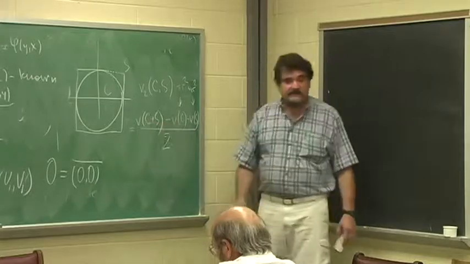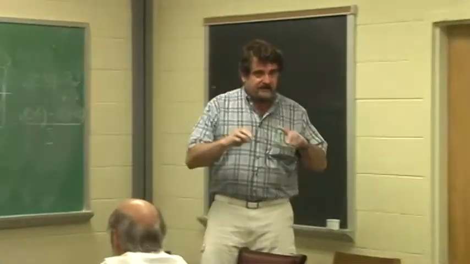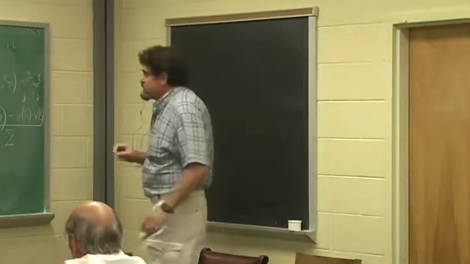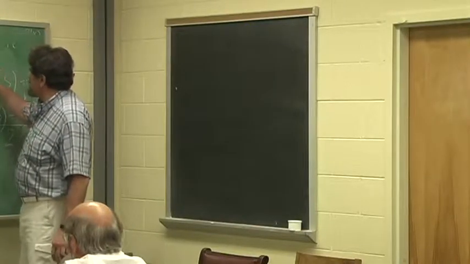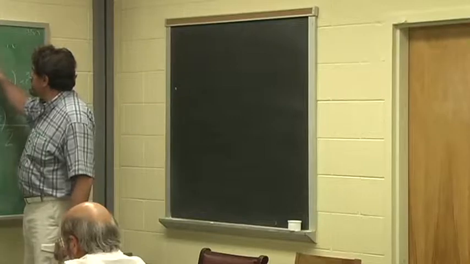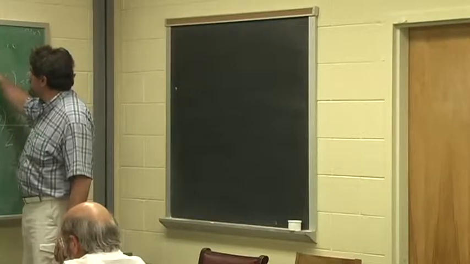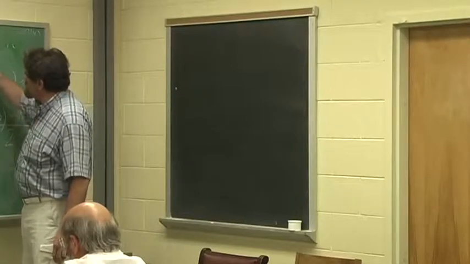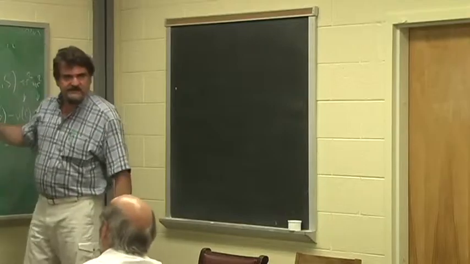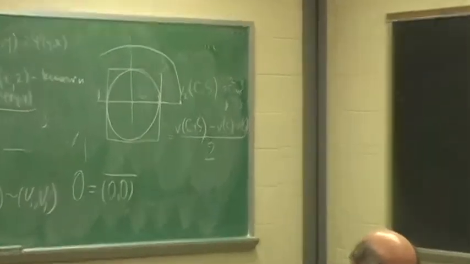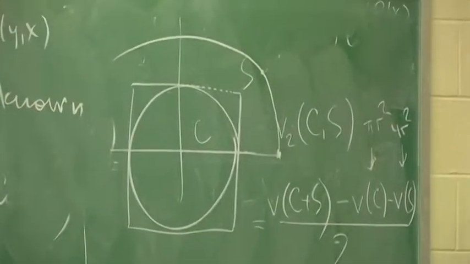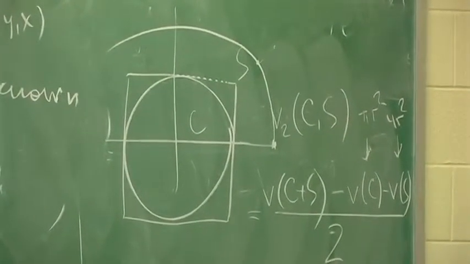Unfortunately, circle plus square is not very beautiful, but we can draw it. It is going to be something like this, not a circle. Not a big deal to compute its area, correct? And that's what you get.